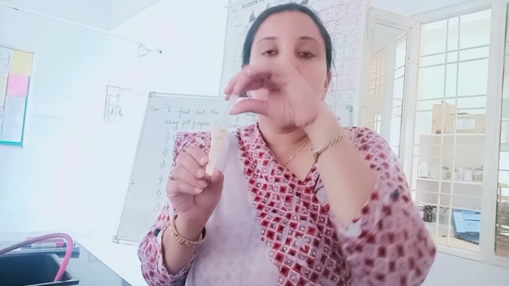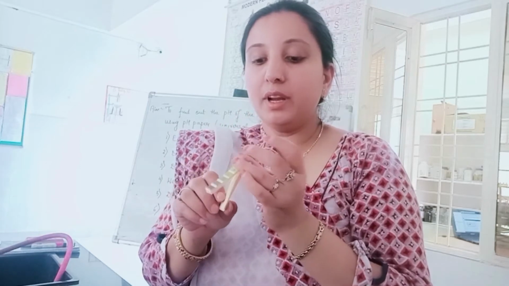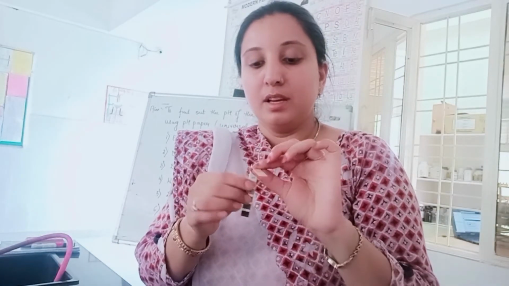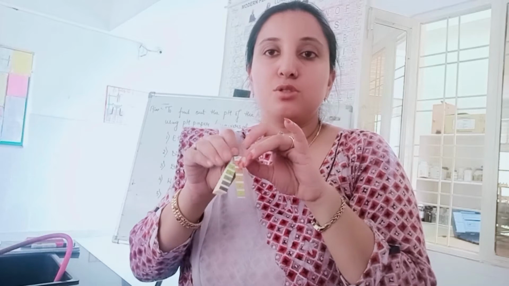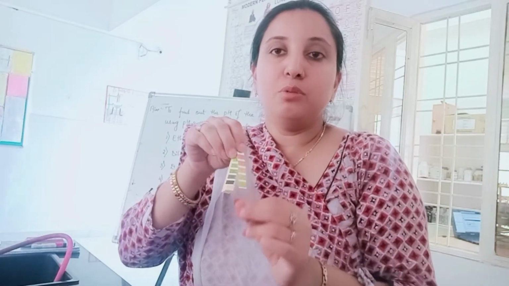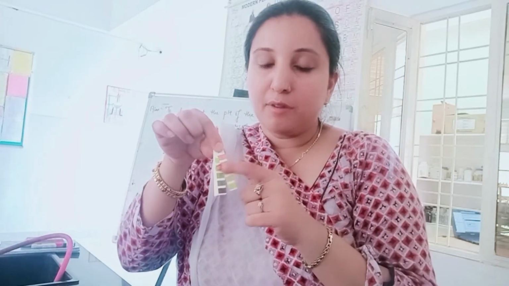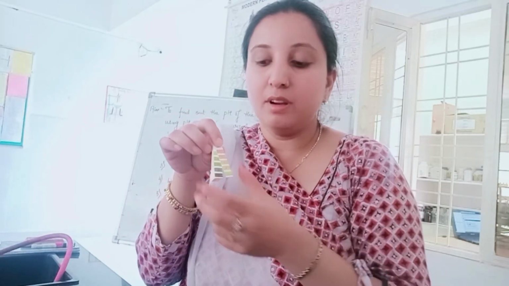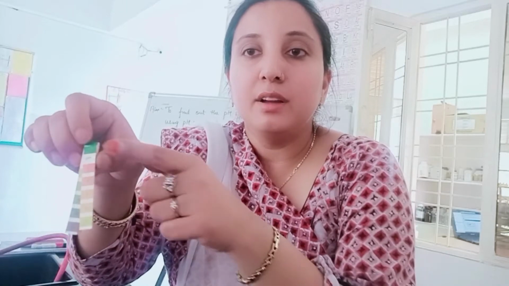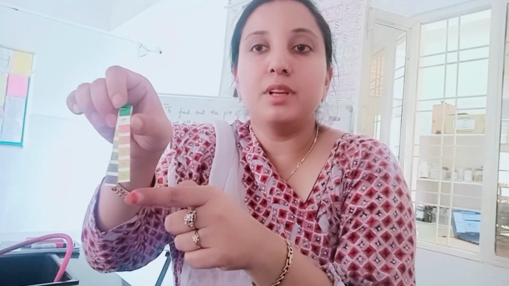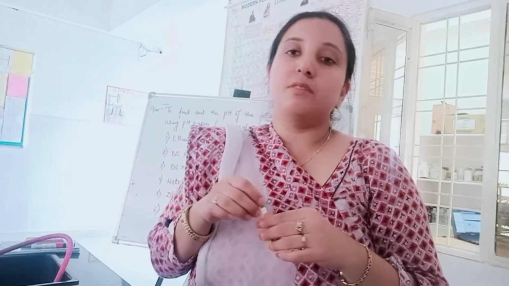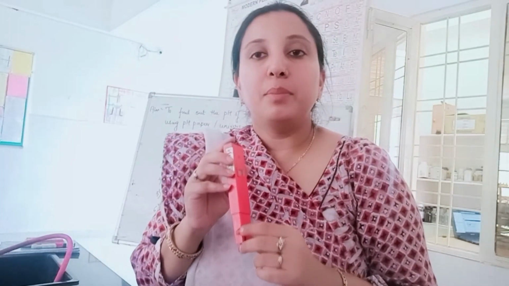This is the pH paper. Now over here we have the two scales. After dipping this paper, whatever color is obtained, we match it over here, and on the basis of that we note down the reading. That gives our pH paper. Besides this, we can use a pH meter.